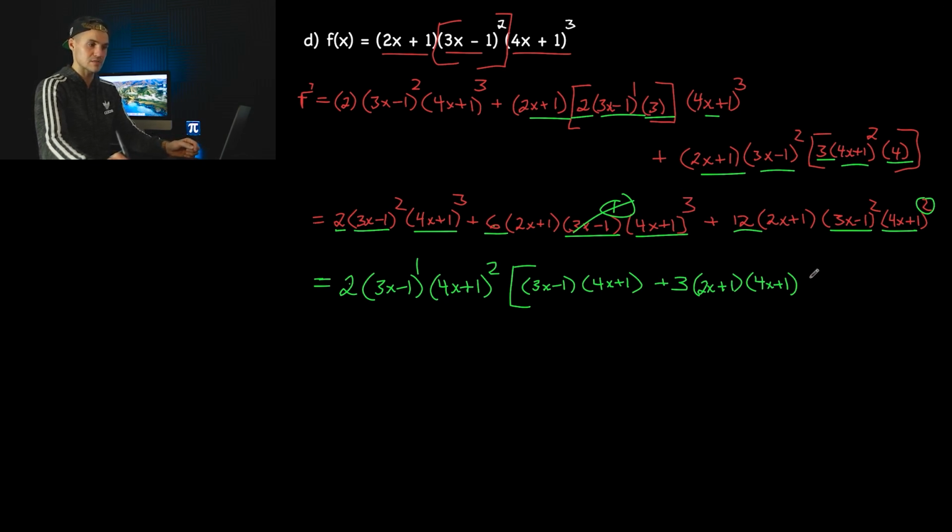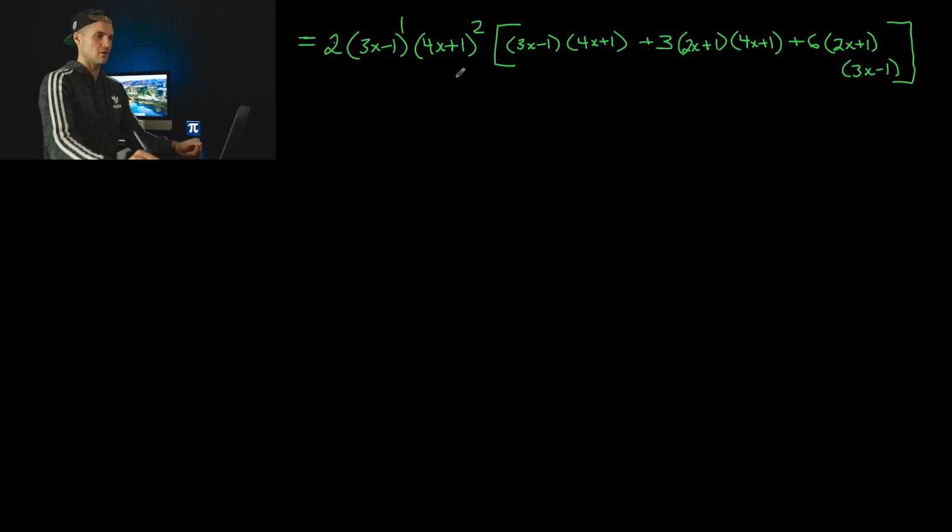And then finally, this third term, took out a 2 from the 12, that would be 6. 2x plus 1 is still there. 3x minus 1 squared, we only took out 1 of them, so there would still be a 3x minus 1 floating around. 4x plus 1 squared, we took out the 4x plus 1 squared, so that would go away, right? And so we'd end up with this large bracket right here.